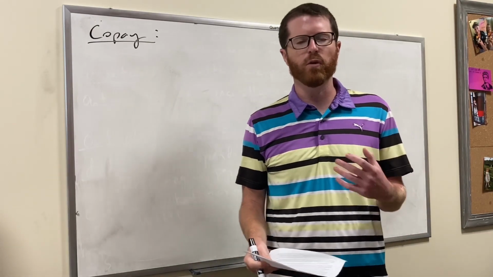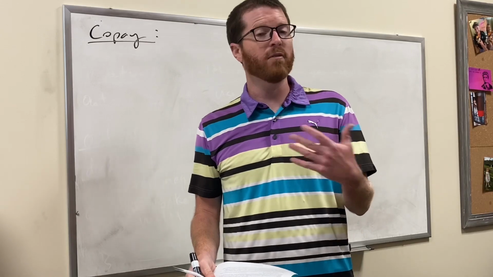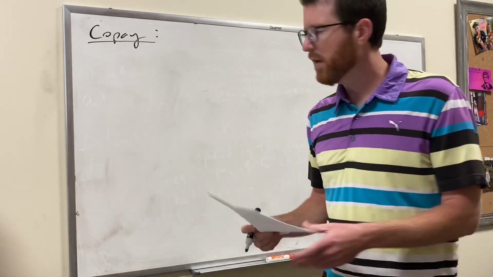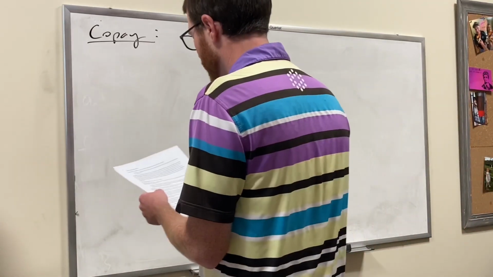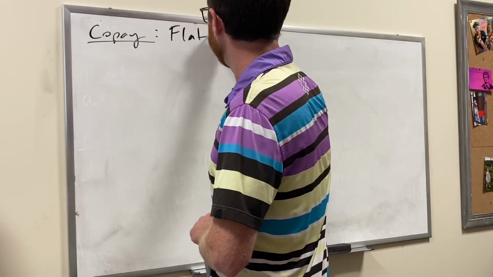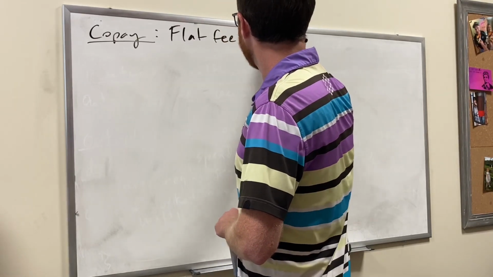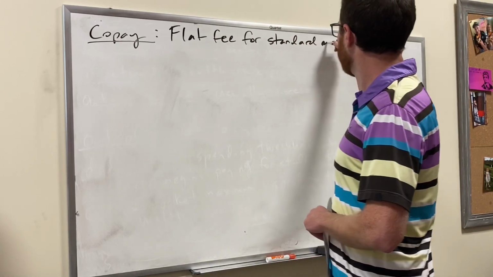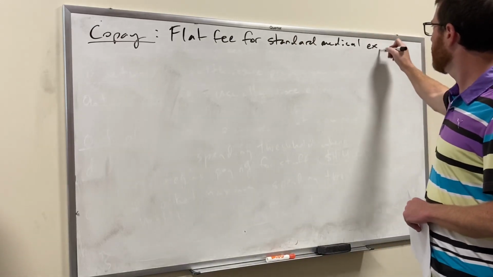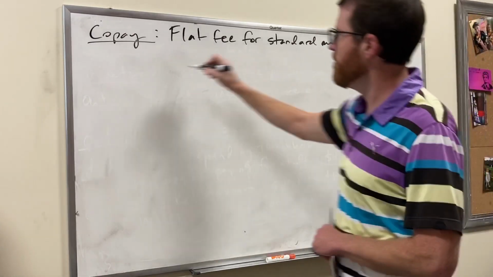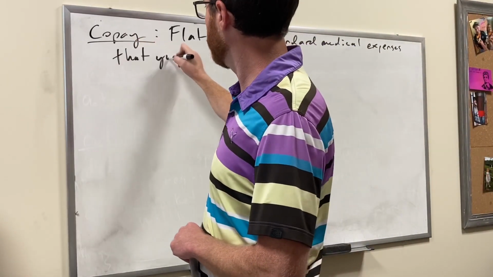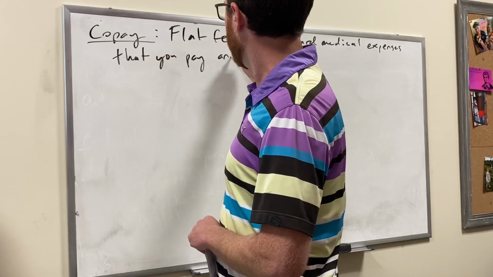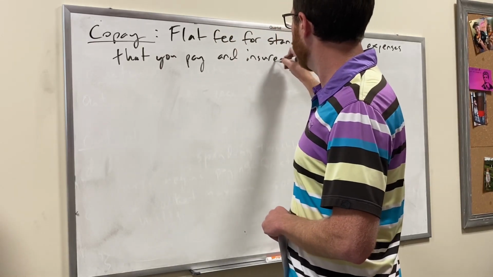The comprehensive ones are ones that usually have high premiums, but cover more of the things that you're going to be paying for. So copay basically is like a flat fee for standard medical expenses that you pay and the insurer pays the rest.